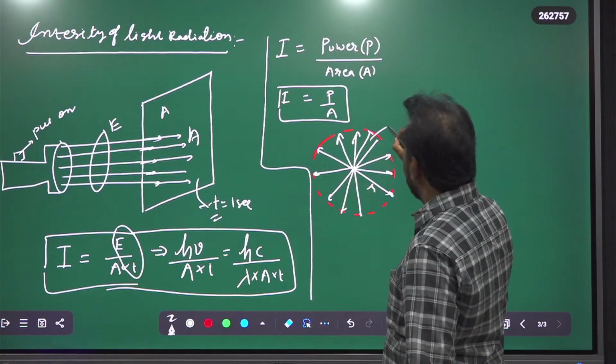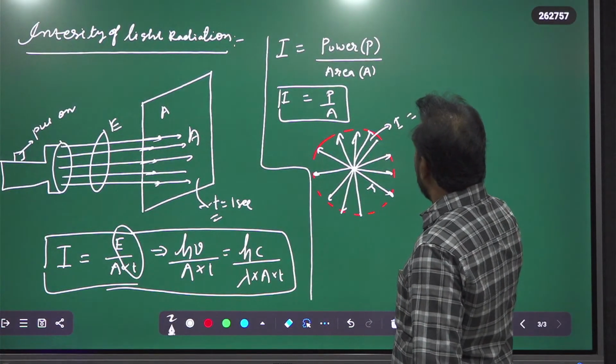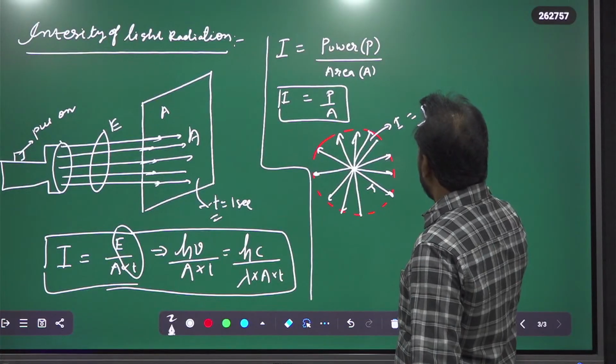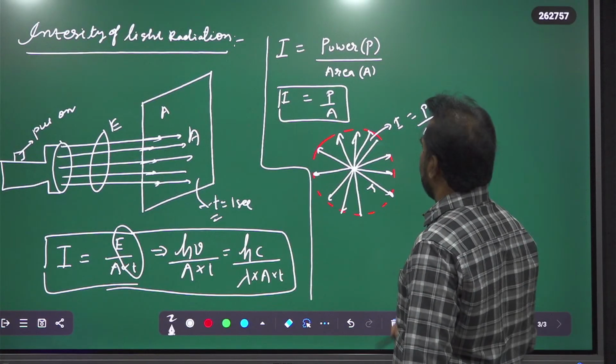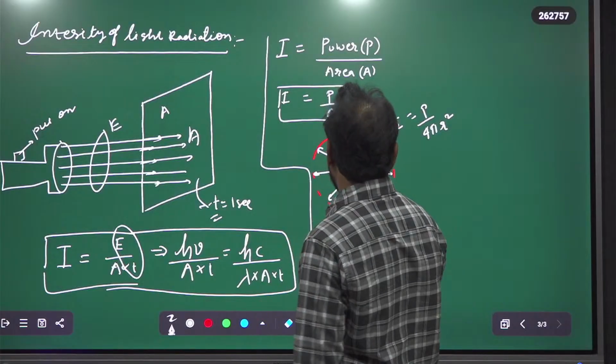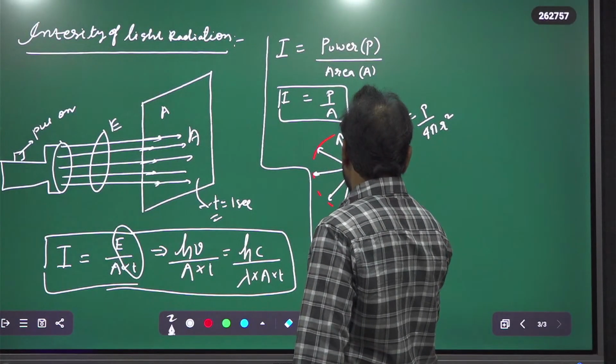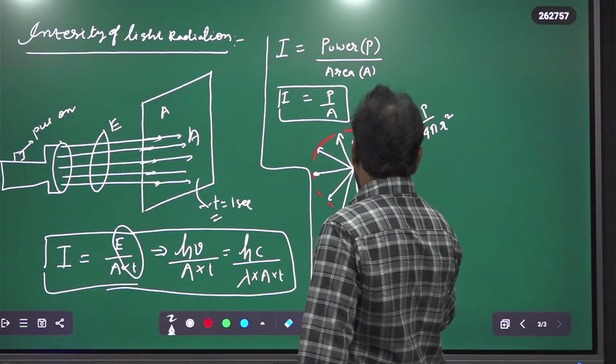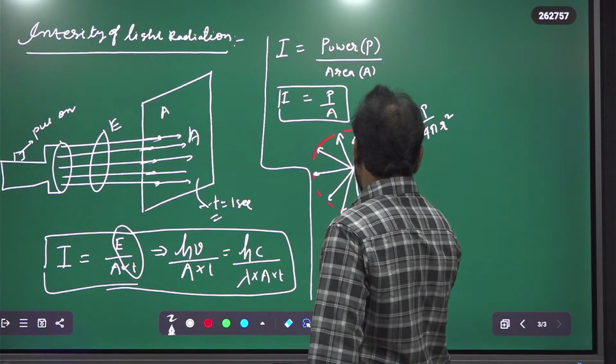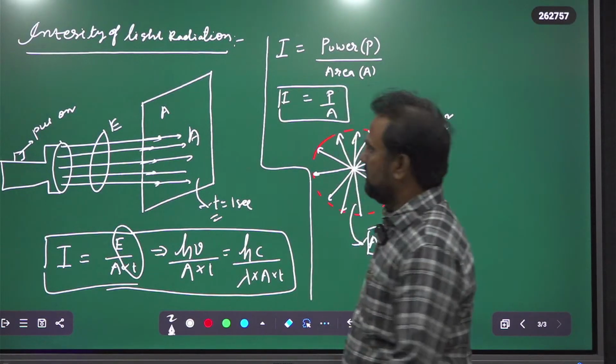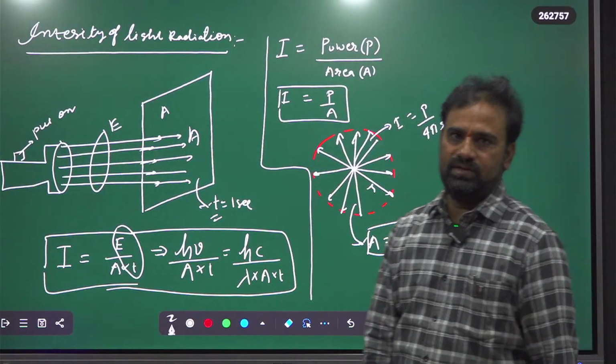This area would be A is equal to 4 pi r square, so we can write I is equal to P upon 4 pi r square. Is it clear?